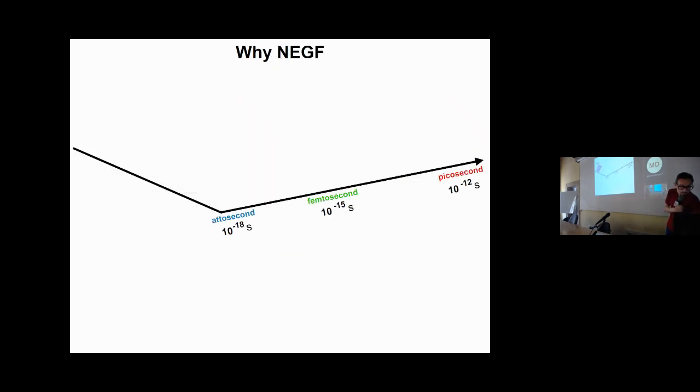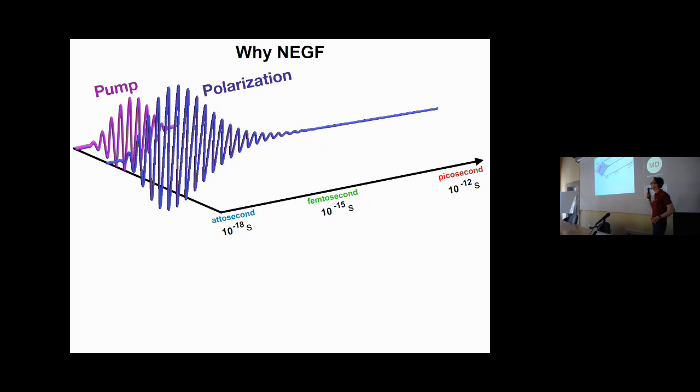On a very general ground, we can say that the evolution of the system can be divided into two main regimes. The first regime is called the coherent regime, which is established right after the photoexcitation. In this regime, the motion of electrons is really ultrafast because it follows the coherent oscillations dictated by the laser pulse. You have very large oscillations in the polarization of the system, which is the induced electric dipole.